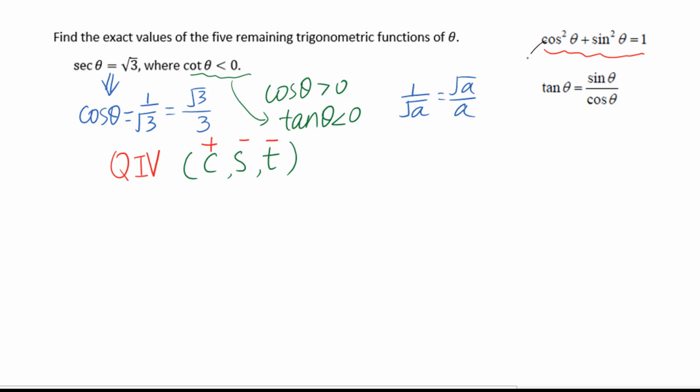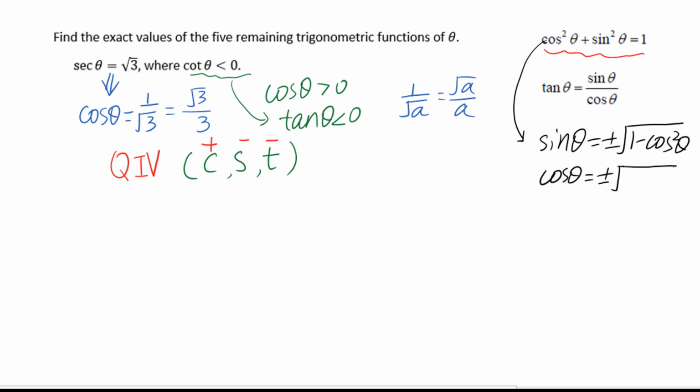Let's recall this one. We have sine theta equals plus or minus the square root of 1 minus cosine square theta, and cosine theta equals plus or minus the square root of 1 minus sine square theta.